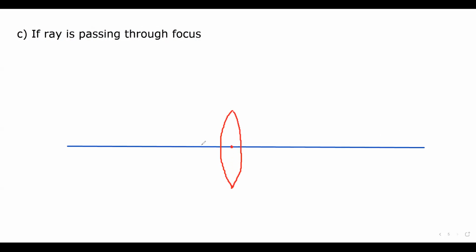This is the center of the lens. So this will be f, 2f and f, 2f. So if a ray of light is passing through the focus, for example, there is a ray and that is passing through the focus.